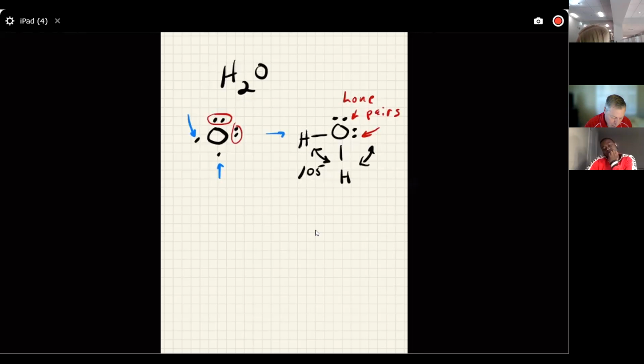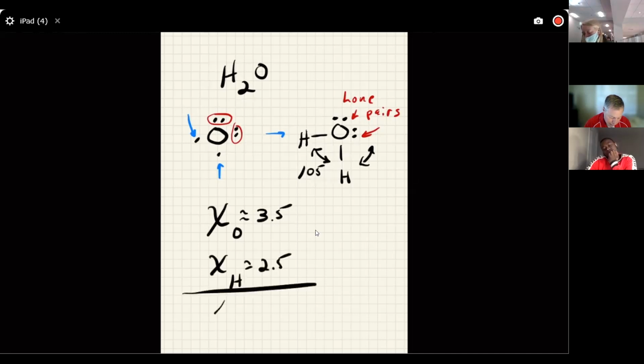Now, so here's water, but chi for oxygen is approximately 3.5. Electronegativity of oxygen is 3.5. The electronegativity for a hydrogen atom is again approximately 2.1. So let's do the delta chi. The delta chi for the oxygen-hydrogen bond is equal to, oh, I'm sorry, this should be 2.1.